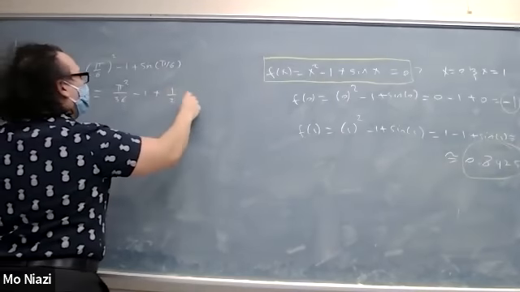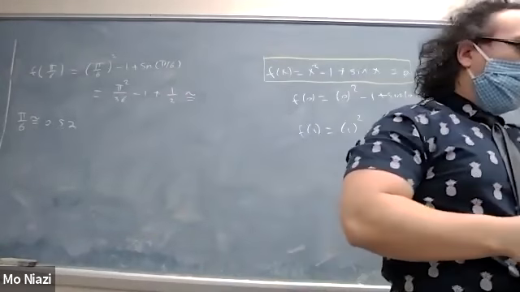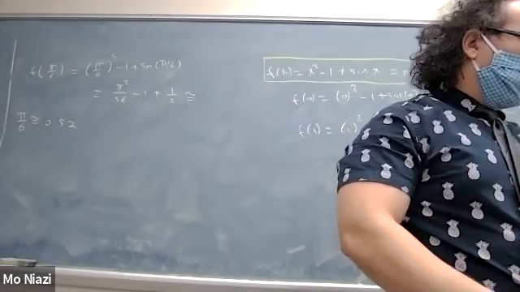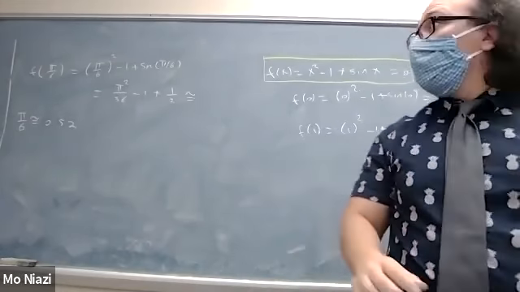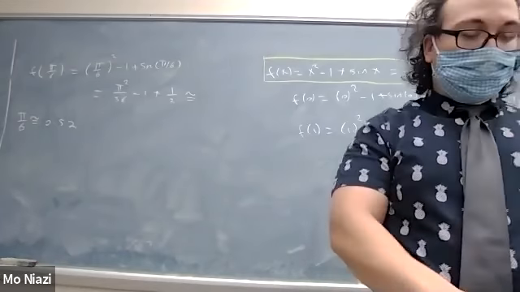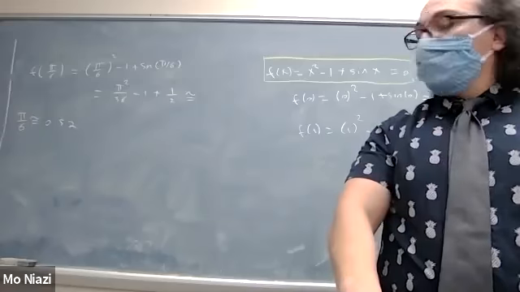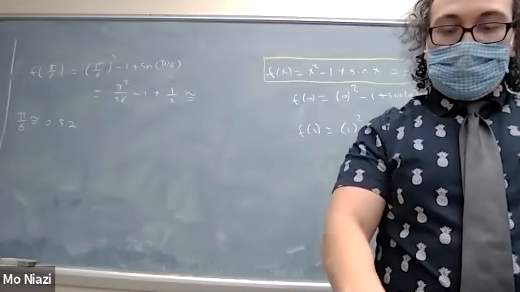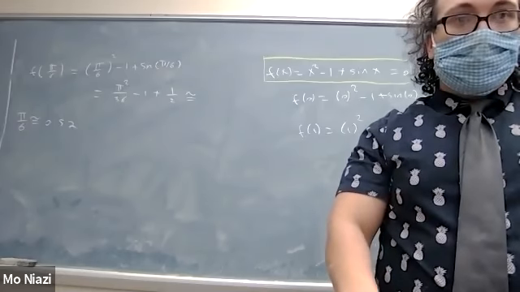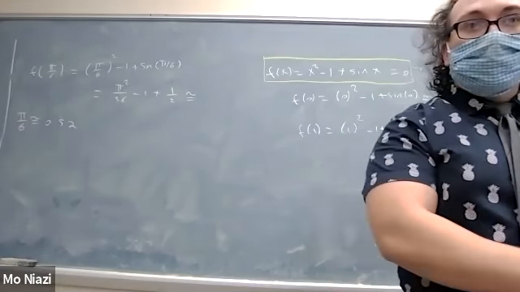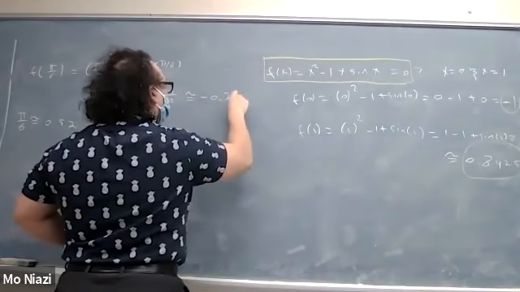All right, so this is approximately, whenever you do all of the computations, pi squared divided by 36 minus 1 plus a half. This is approximately negative 0.22.